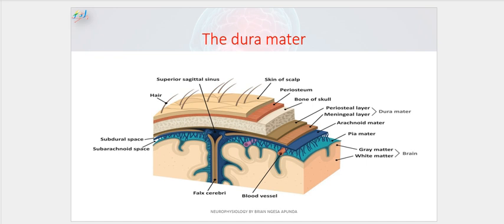So maybe what somebody should be able to note is that, in as much as the meningeal layer of the brain is advancing between these major demarcations, it won't be able to go through the minor fissures that you can normally expect in the brain.